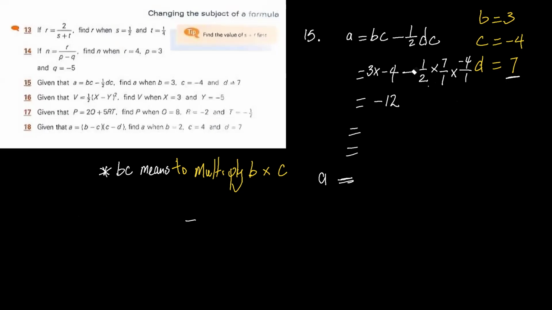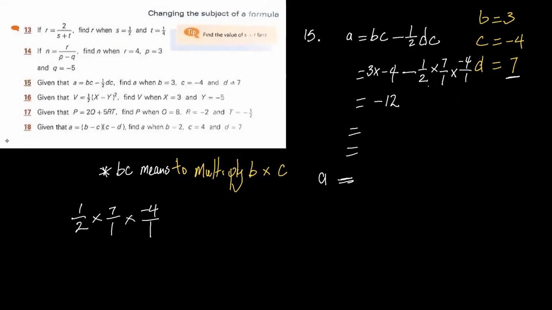So I'm not using the negative sign, right? I'm just using the half times 7 times -4 over 1.